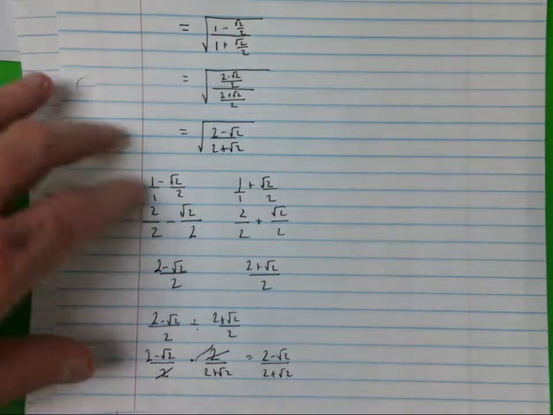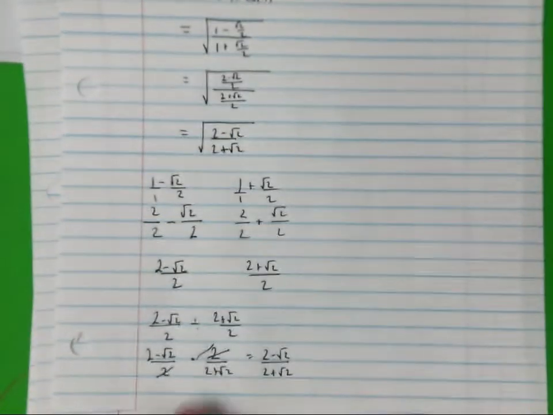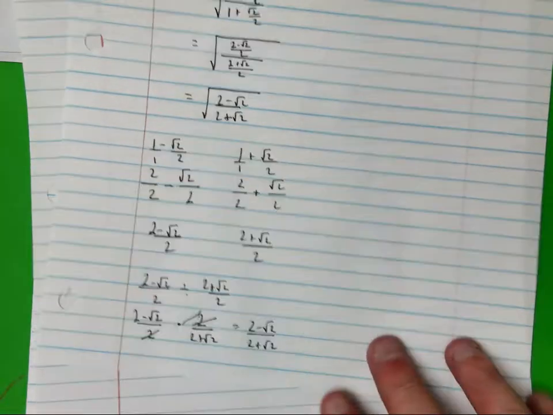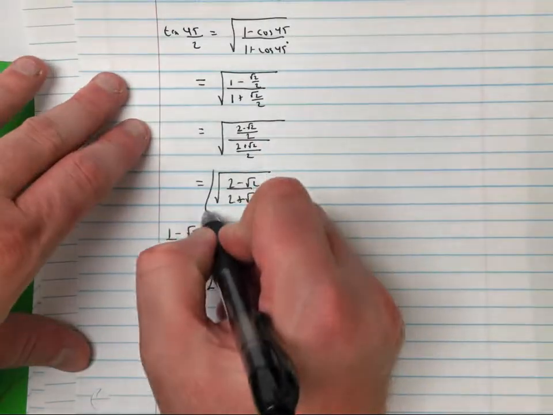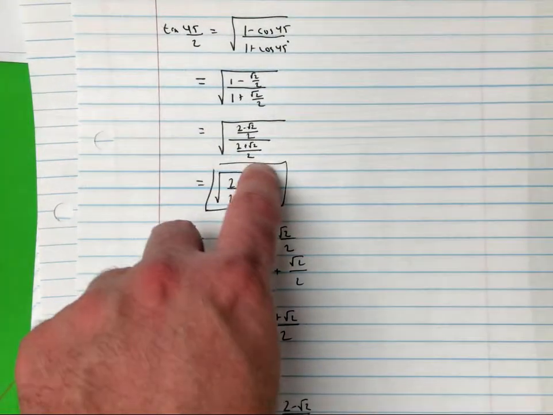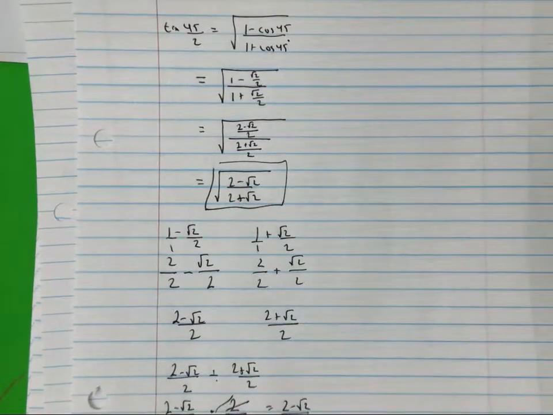Now, normally, guys, I do not like a radical left in the denominator. But since this is under a square root, it gets real complicated. So that's the only time that you can leave a radical in the denominator, when it's under a square root. I'll just leave it out there because it gets very complicated. We would never rationalize under a radical.